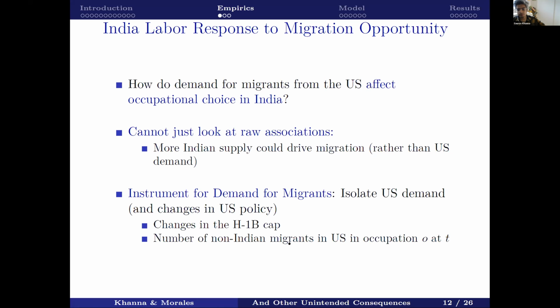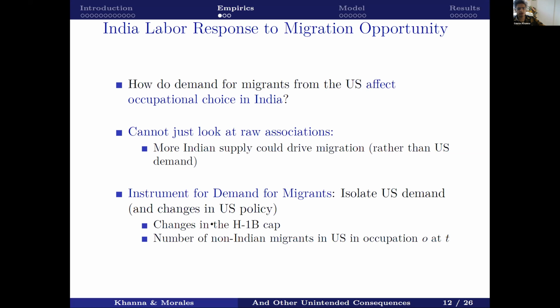You could also look at, for instance, in this year, is the US trying to hire more doctors from Germany or bankers from Japan? Well, that tells you about the demand from the US for high-skilled migrants, right? And if the US is trying to hire more doctors from Germany or bankers from Japan, well, then do Indians now get more medical degrees or try to become bankers, for instance, right?